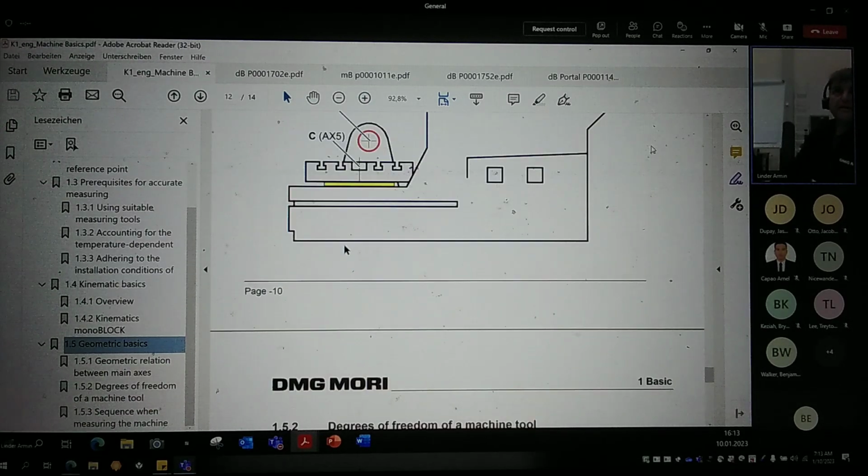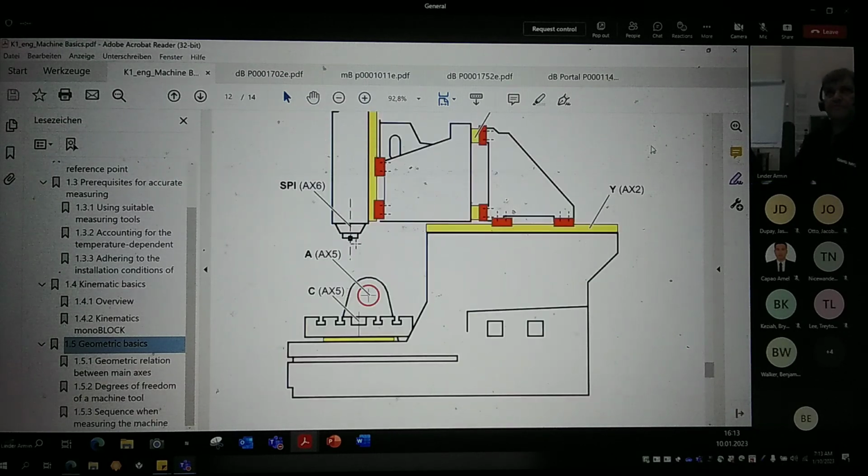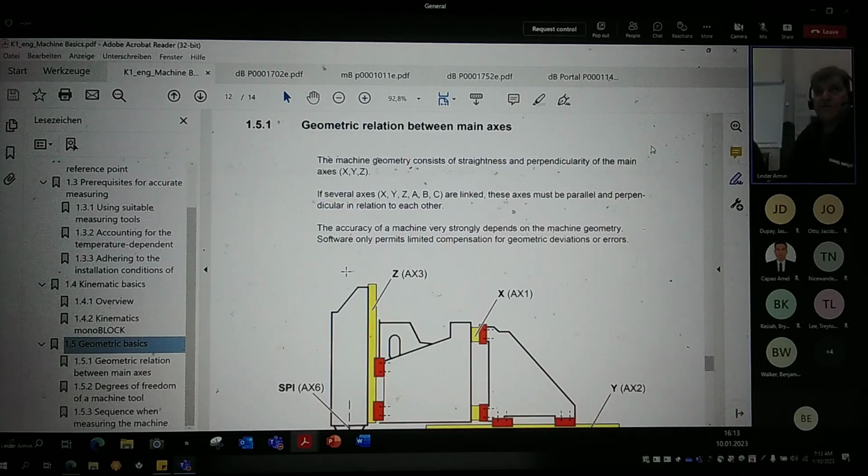So in any case, it doesn't matter which machine you have, whether it's a CO or an AG machine, you have to be sure which axes are the basis and which axes are the basis for the cross angle.